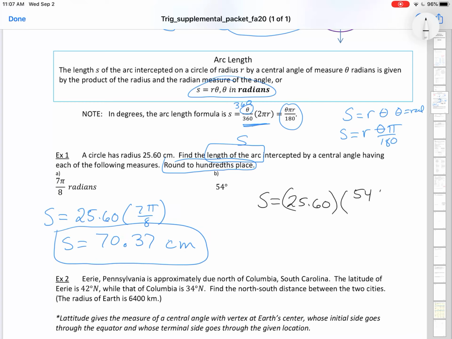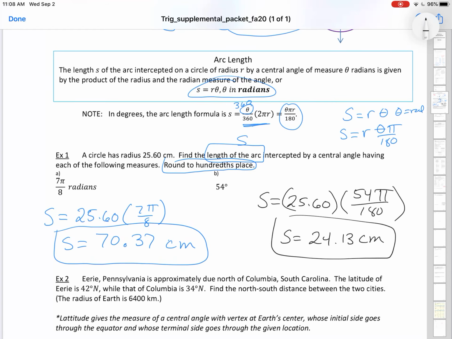If you remember, we multiply by pi over 180. So you just plug in 25.6 times 54 times pi divided by 180, and you get a nice 24.127. So you'll report 24.13, and again centimeters.